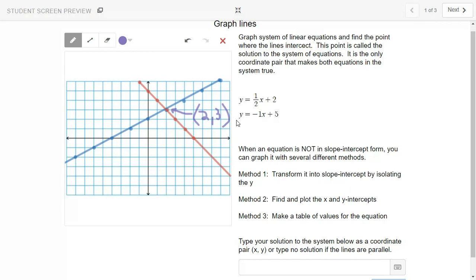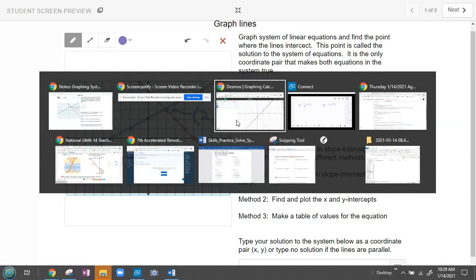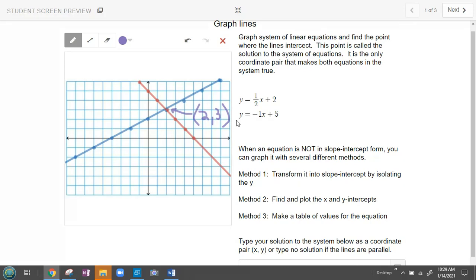Now, it's important that you understand what a solution to a system actually is. So we're going to look at these two equations and see if that coordinate that we just wrote down as the solution to the system actually satisfies these equations.